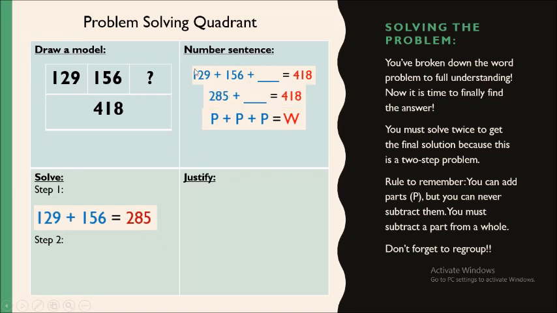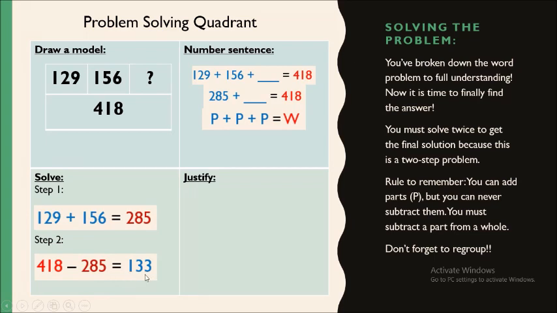After you have completed the first step, you can actually go ahead and combine those two numbers and simplify your number sentence to 285 plus blank equals 418. We know that this number sentence is saying part plus part equals whole. We know that a part is missing, so we will have to subtract this part from the whole to get our missing part. And that will be step 2. 418 minus 285 equals 133.